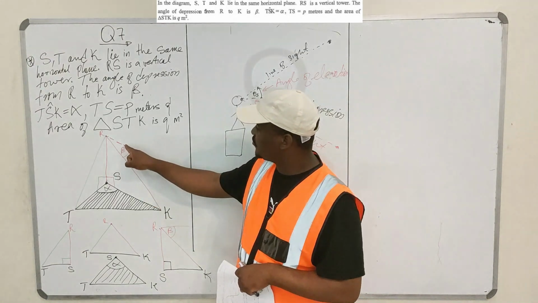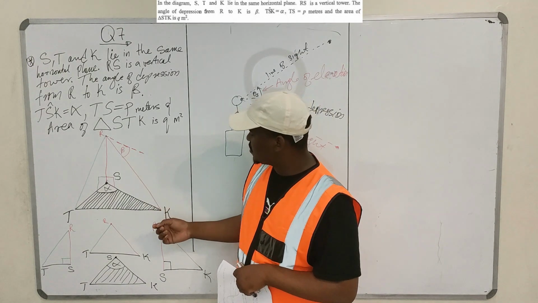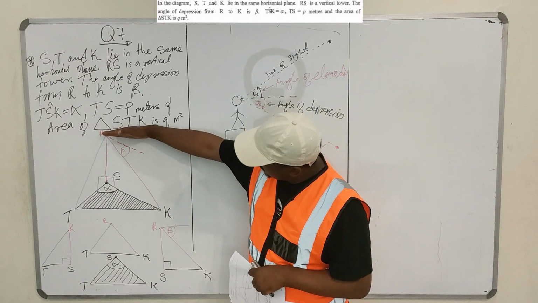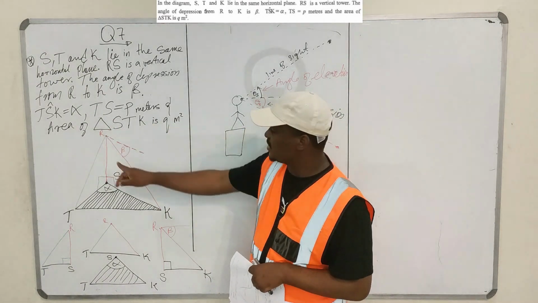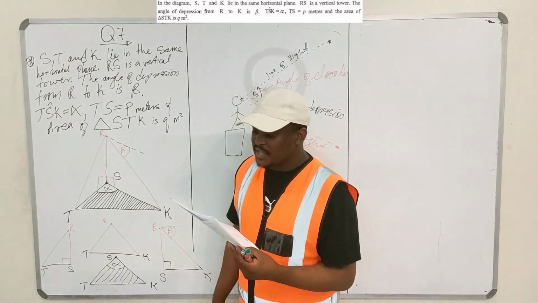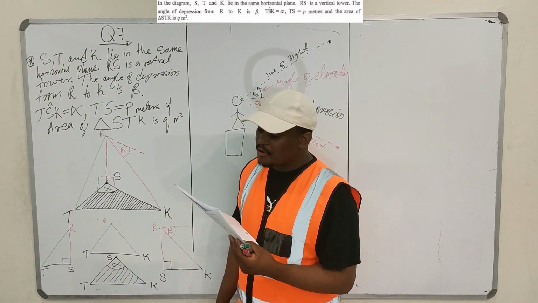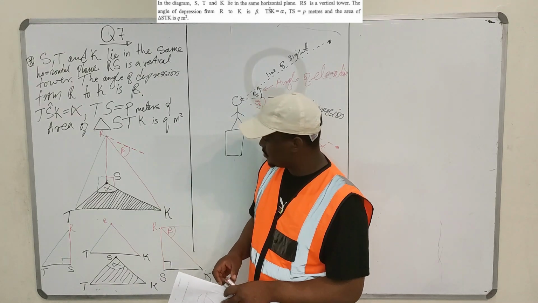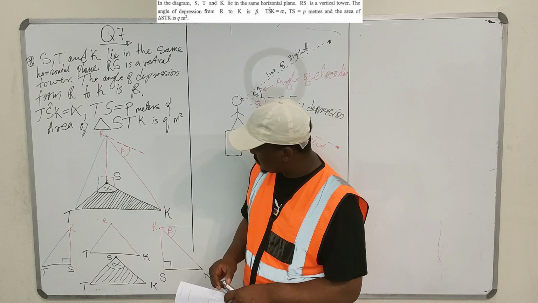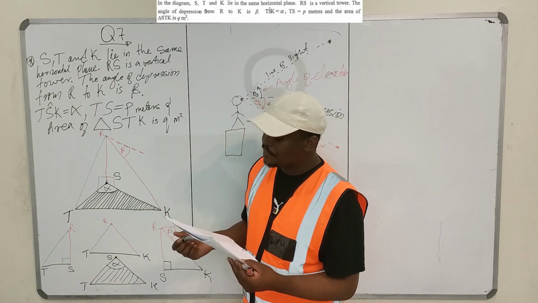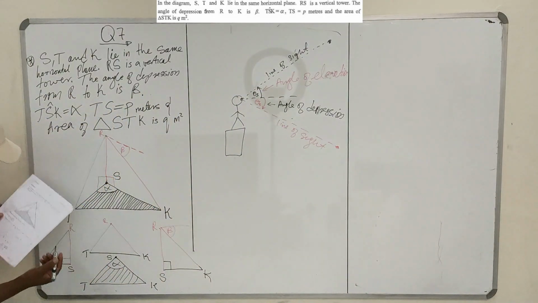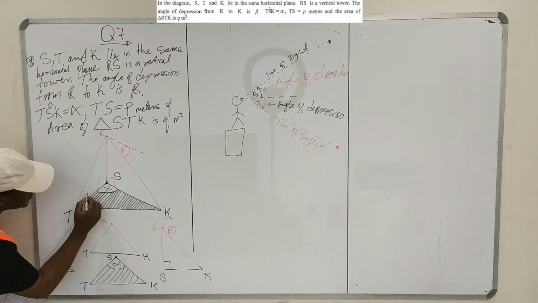So here's the angle of depression. Because this is coming in this direction, they can't just say angle of depression and make it straight like that. This is a three-dimensional drawing. No problem. Then they are saying now the length of TS is P meters. What is TS? TS is this distance here.